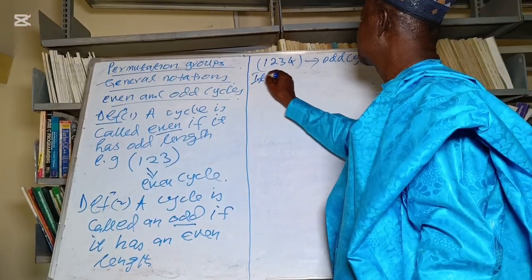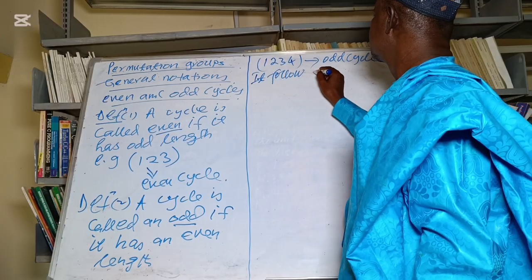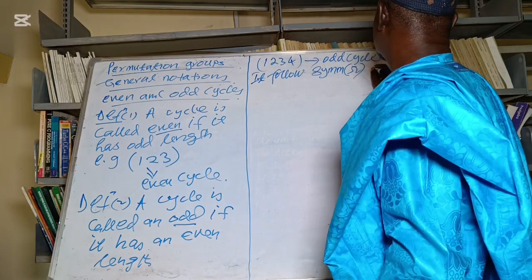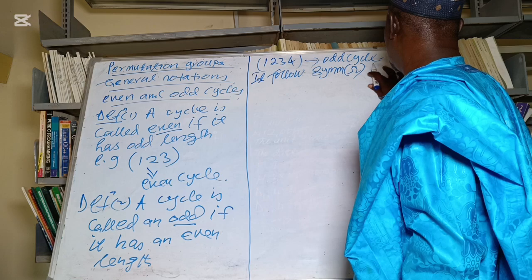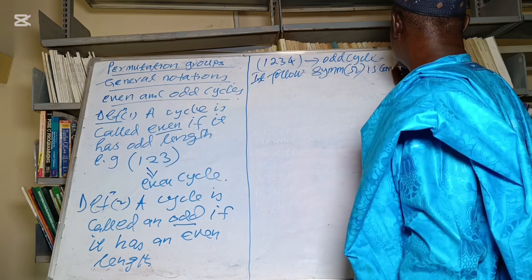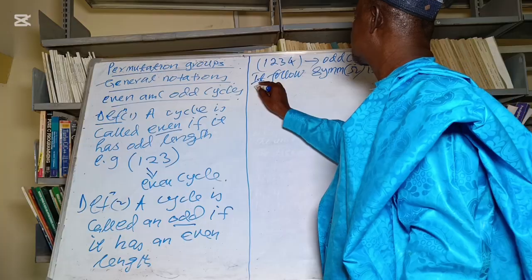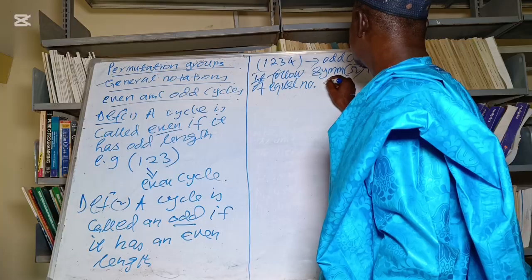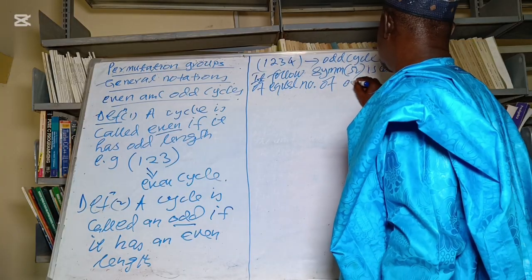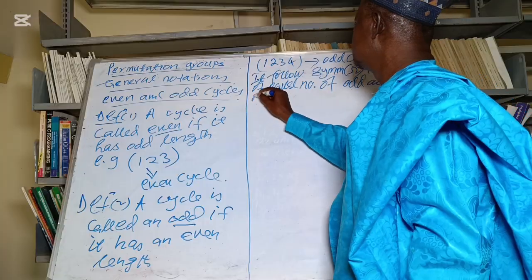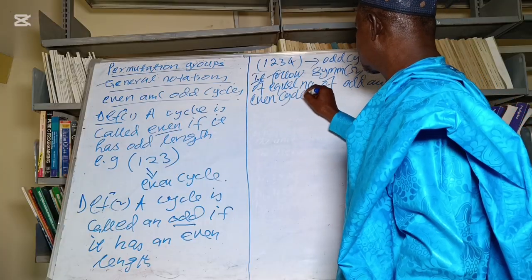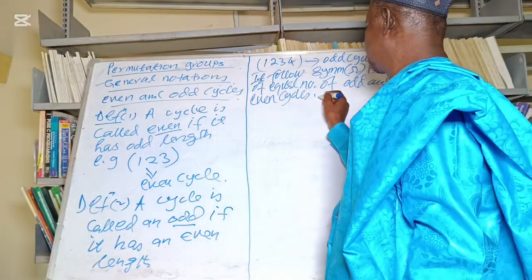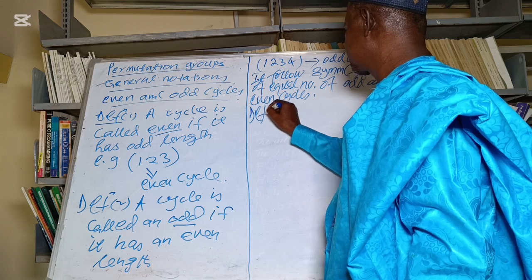It follows that the symmetric group, what we call symmetric omega, is composed of an equal number of odd and even cycles.